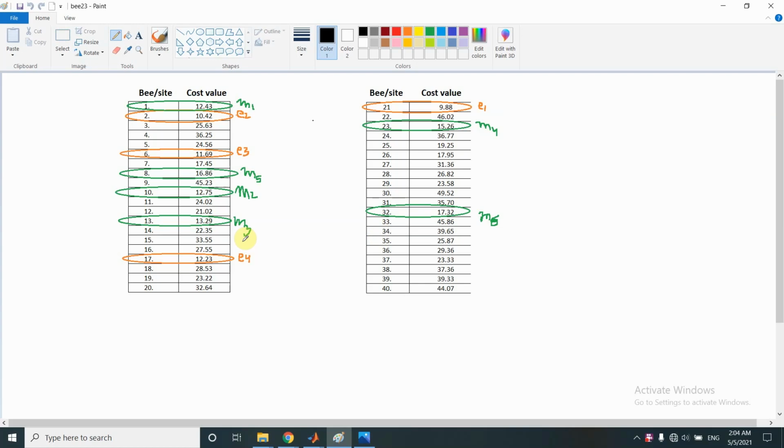Now each of these 4 sites, which are elite sites, to each of these 4 sites we will send 20 bees each, and to each of the non-elite selected sites, we will send 15 bees each. Remember that the total population will be 40 only.